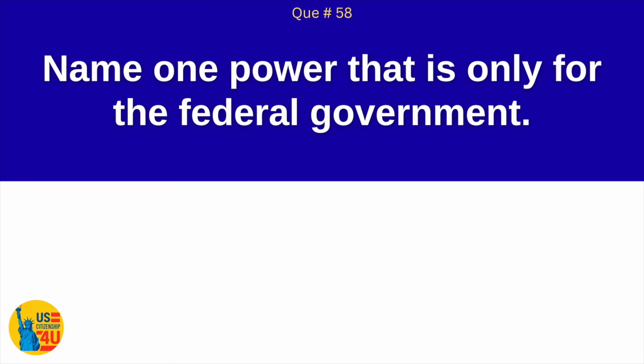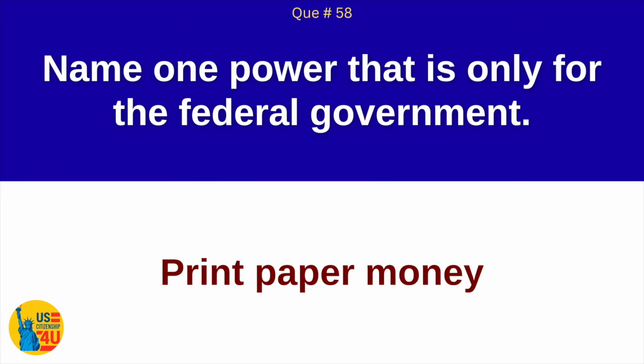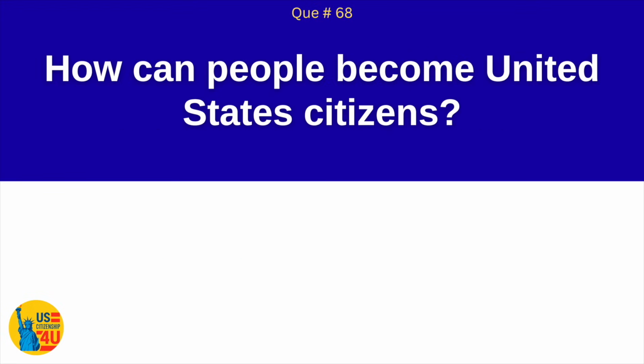Name one power that is only for the federal government. Print paper money. How can people become United States citizens? Naturalize.